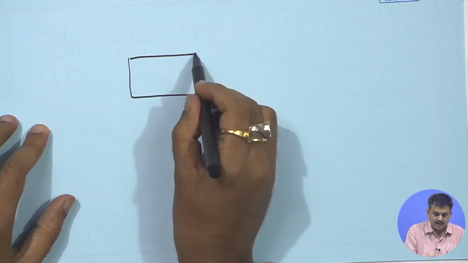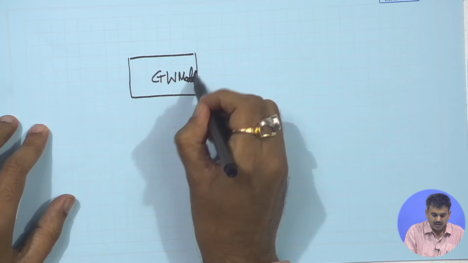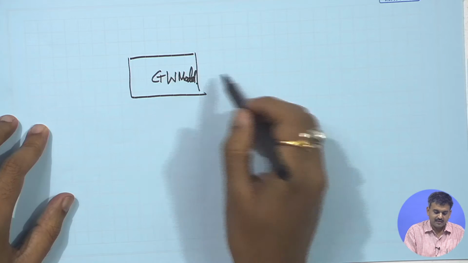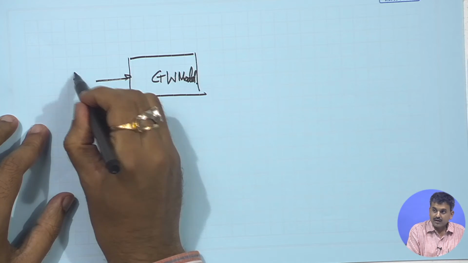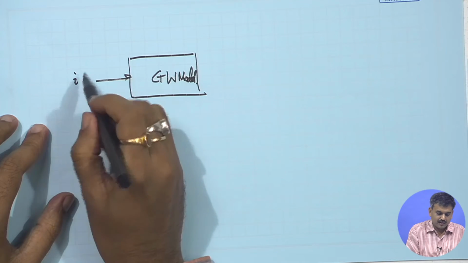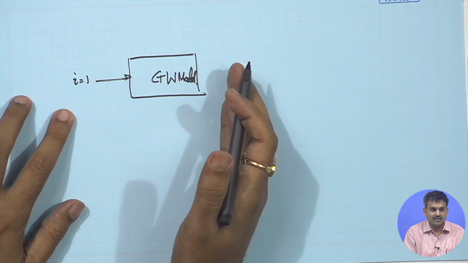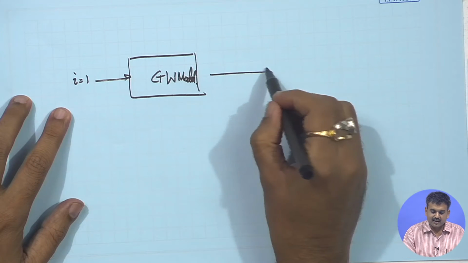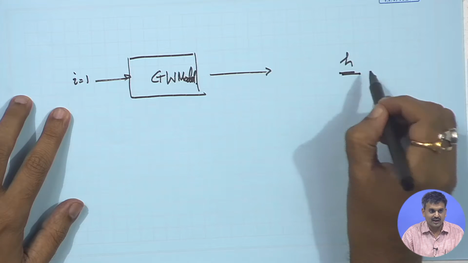So, first we can start your groundwater model with one particular, i equal to 1, or first random field, okay, and we get some desired information which is H, hydraulic head.